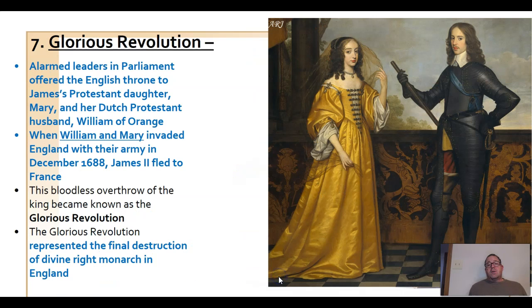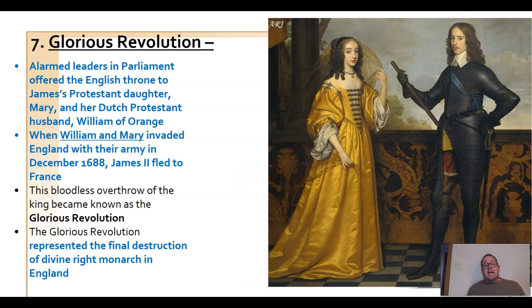Okay, so they go to his eldest daughter, Mary, who happens to be married to William of Orange of Holland, and Parliament invites them to invade and eventually sit jointly on the throne of England, and that's exactly what happens.